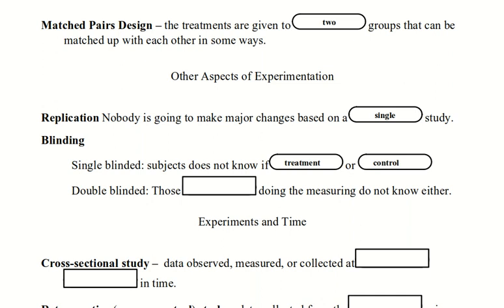Double-blinded is interesting for significant reasons. In a double-blinded experiment, the experimenters themselves do not know whether they are interacting with someone in the treatment group or the control group.